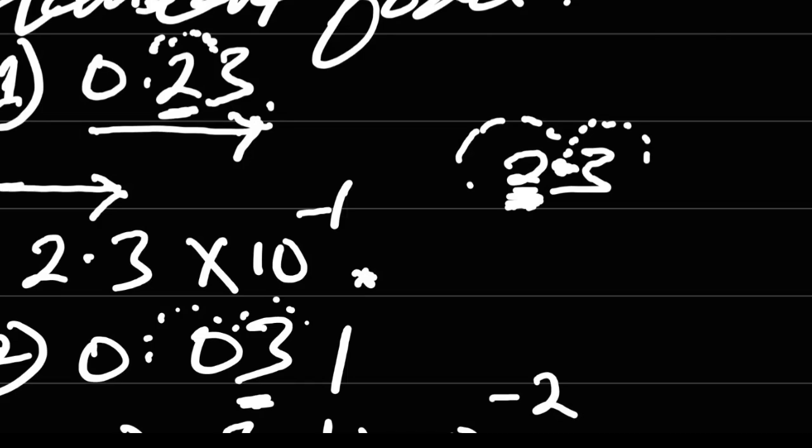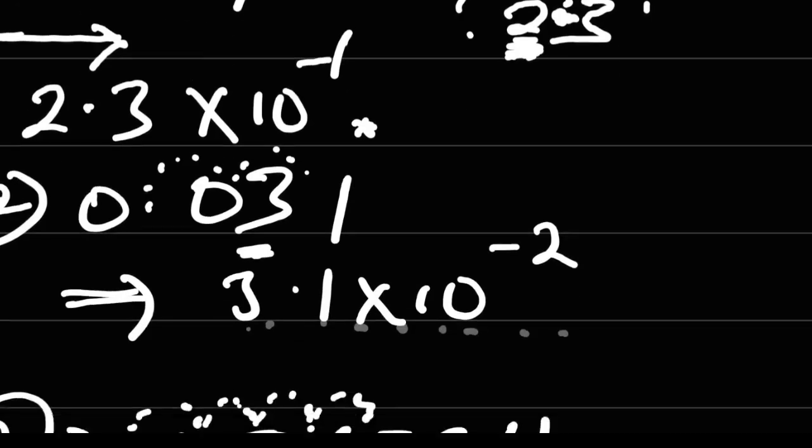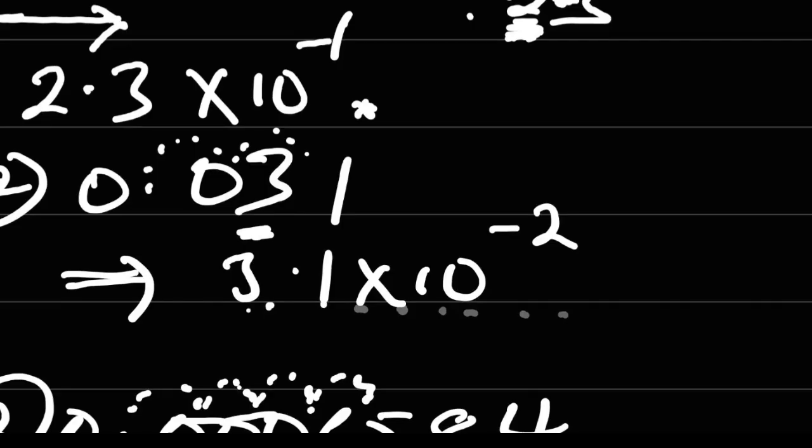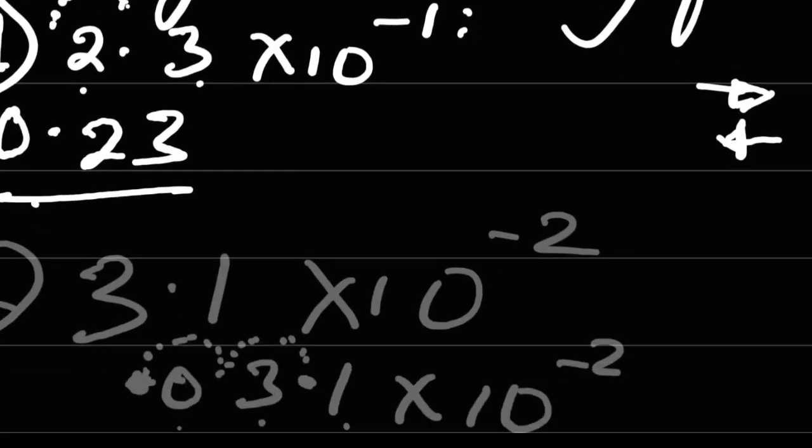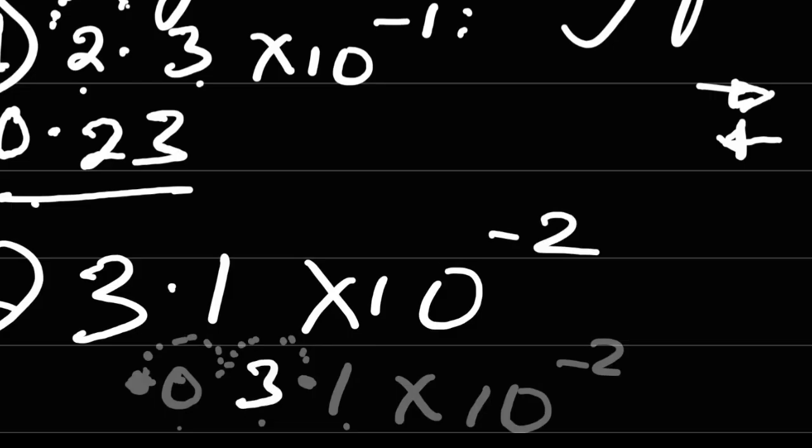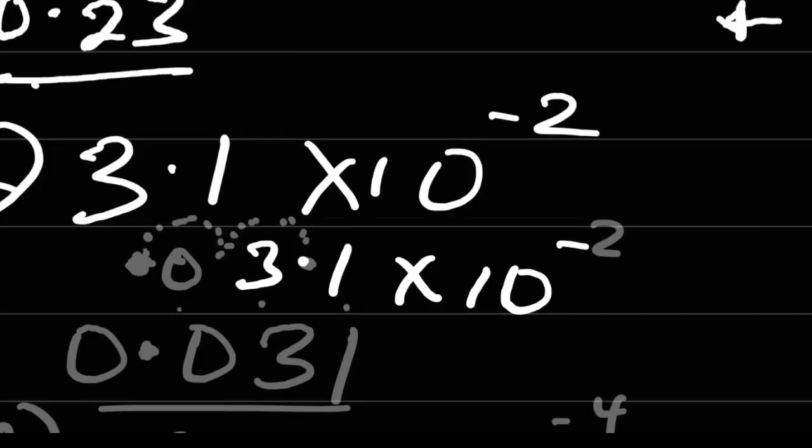Let's copy out the second one. 3.1 times 10 raised to the power of minus 2. What does that mean? It means the decimal will move 2 times. 1, 2. The decimal is here.